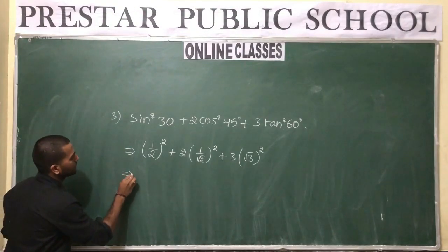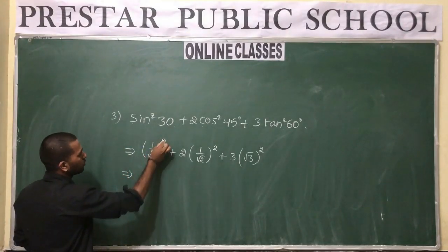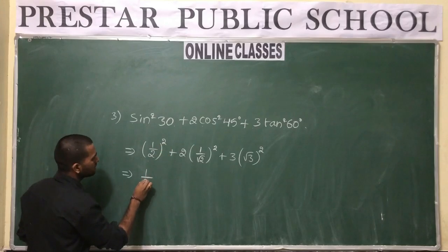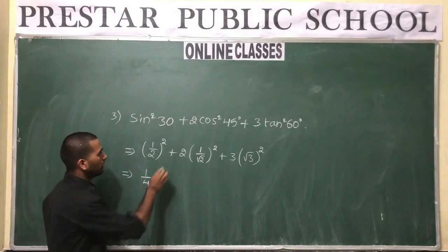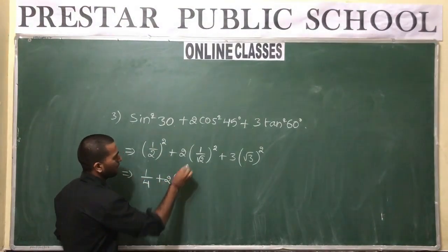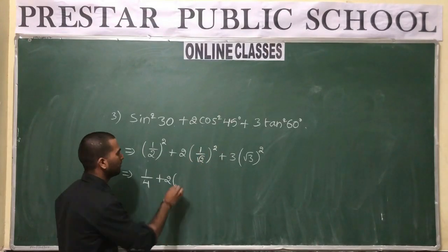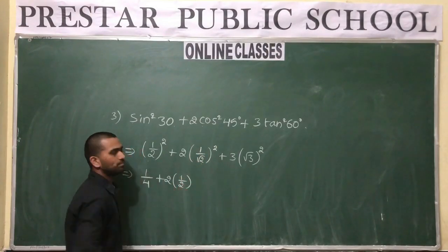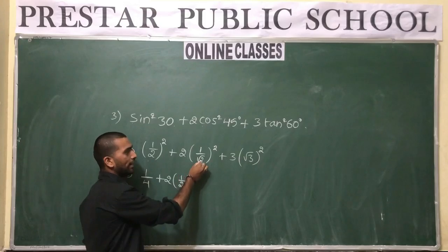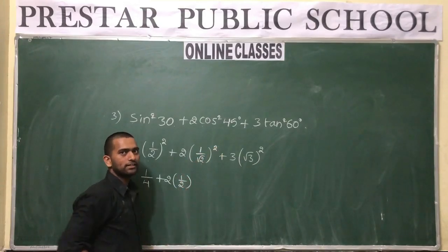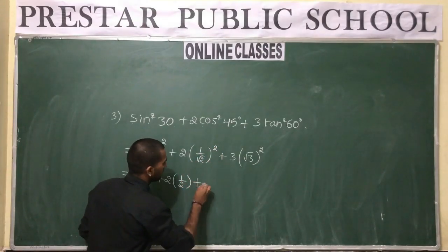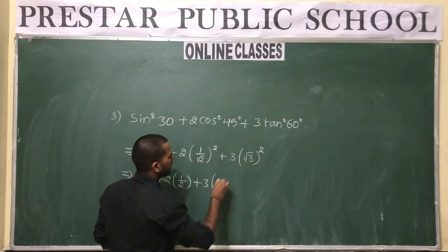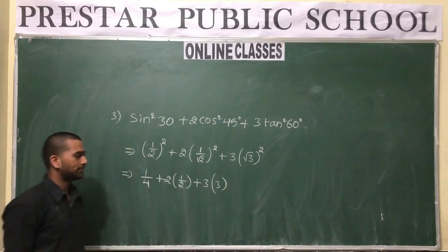Now simplify it. 1 upon 2 means 1 square is 1, 2 square is 4. 1 upon 4 plus 2 into 1 upon root 2 whole square means it becomes 1 upon 2, because 1 square is 1 and the root 2 square root gets cancelled. The remaining is 2 plus 3, the square root gets cancelled here. You will remain with 3.